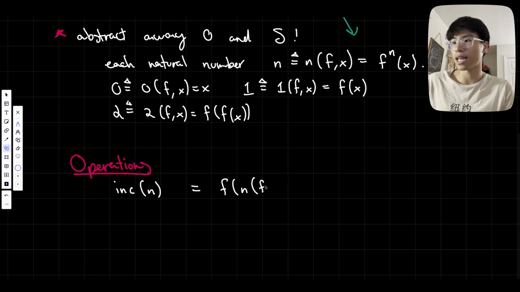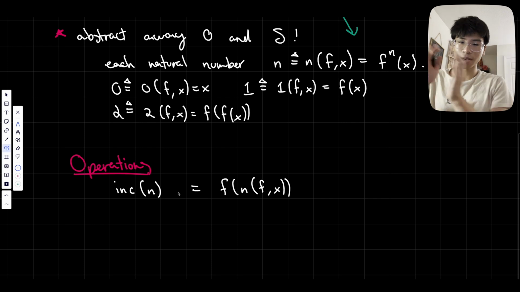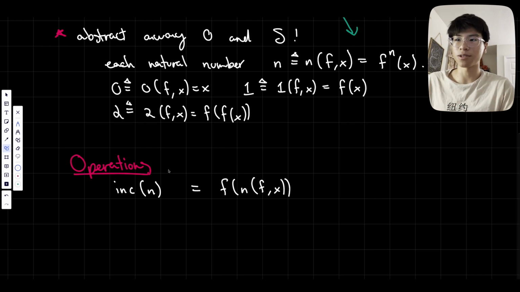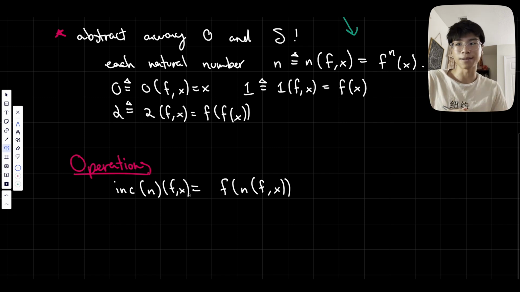So we need to make sure n takes f as well as x, as it's defined here. And remember that this increment function is returning a natural number. Our natural numbers are functions that take in 2 parameters, so we need to make sure we have 2 extra parameters in addition to n.